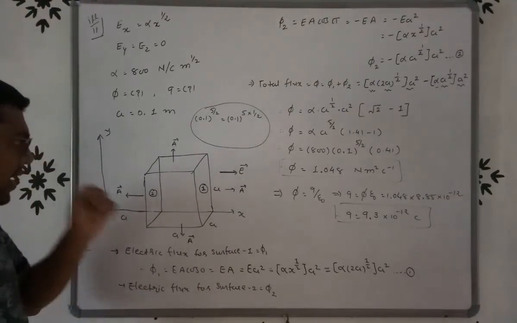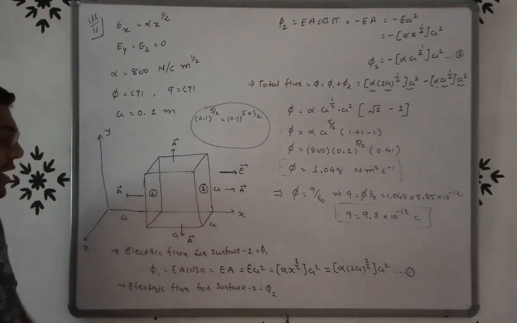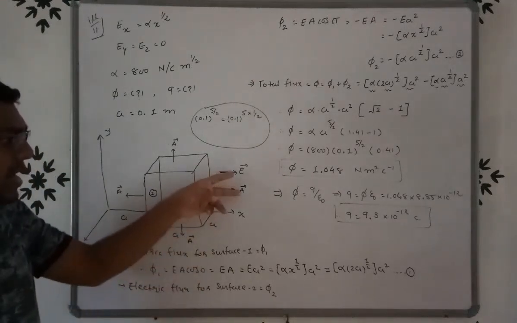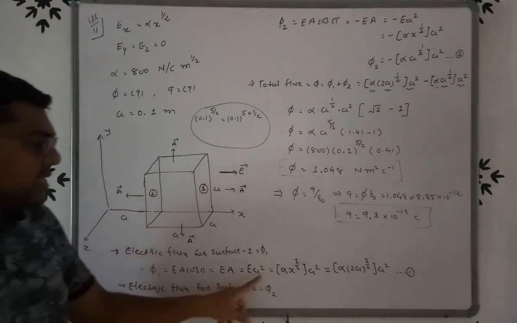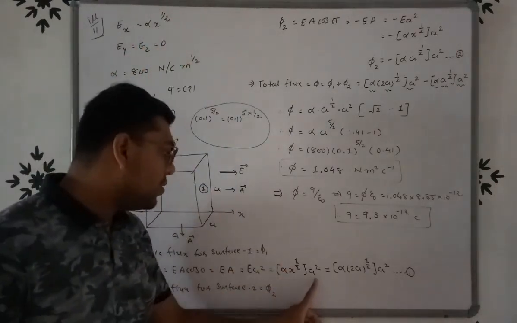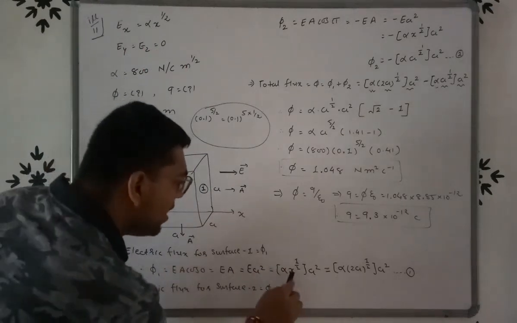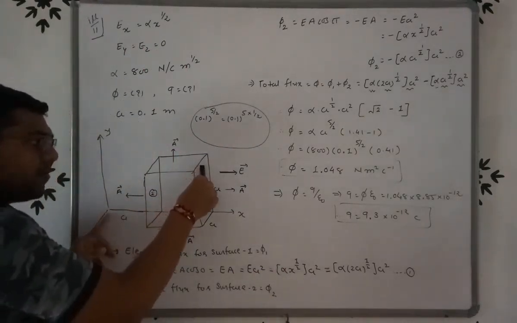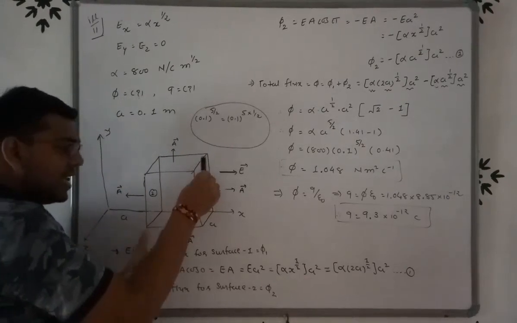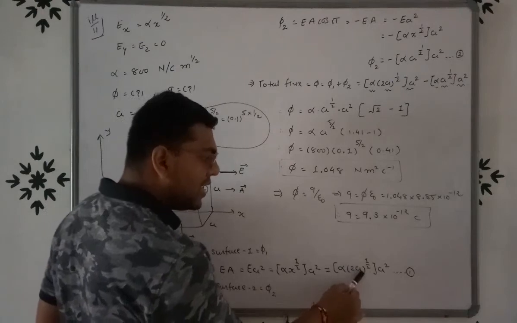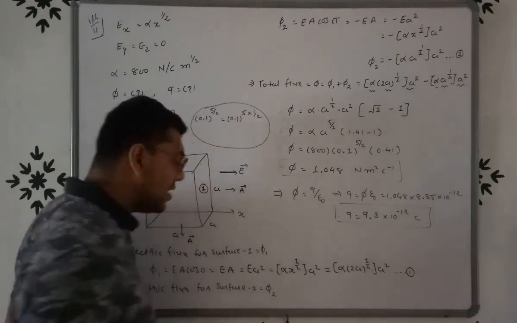So we have to find flux for surface 1 and 2. For 1, EA cos 0 because directions are the same, so E A square, with E equal to alpha x raised to 1 by 2. The value of x is the distance from the origin to the first surface, A plus A, that is 2A. So it is alpha into (2A) raised to 1 by 2 into A square.